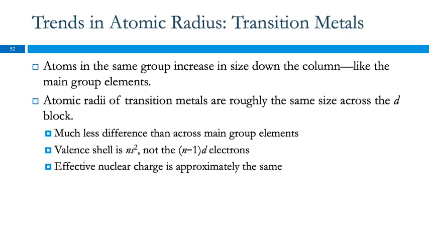And so we're just going to go for the general idea here, which is roughly the same size across the d block. There is some difference, but the difference is much less than for the main group elements. It's not as predictable. Here we have the valence shell is those 2 s electrons.